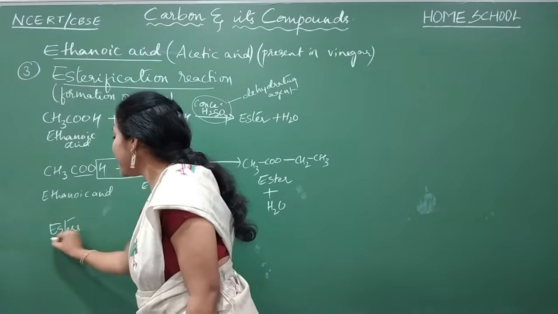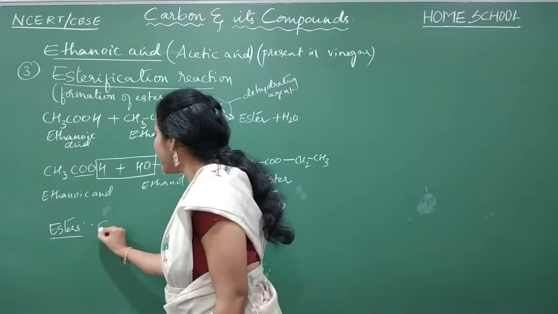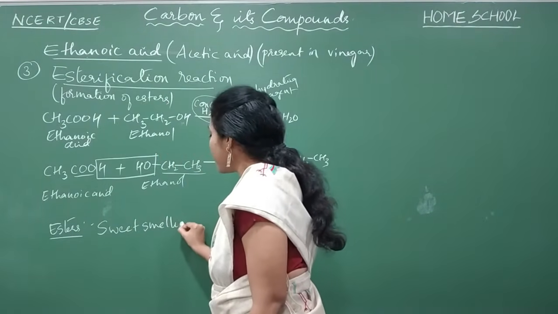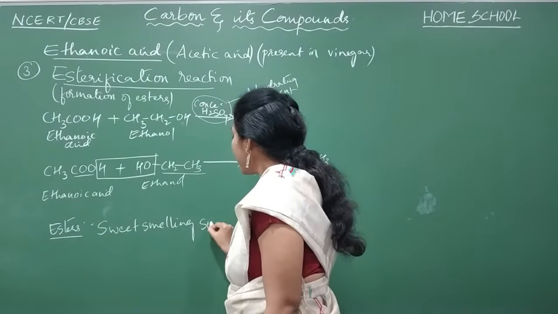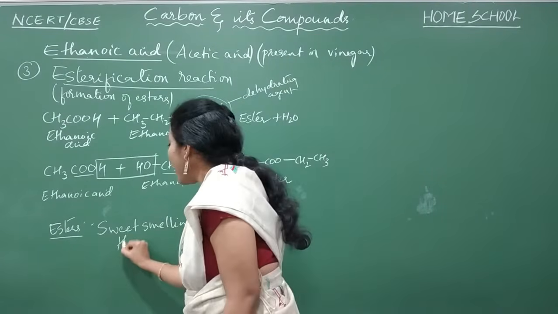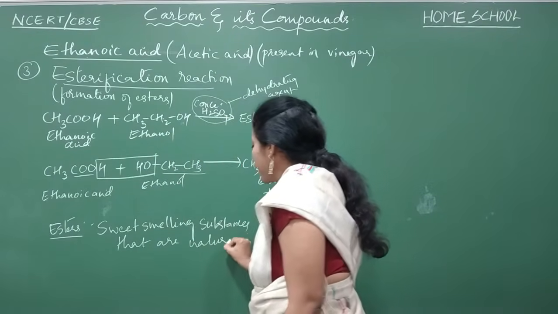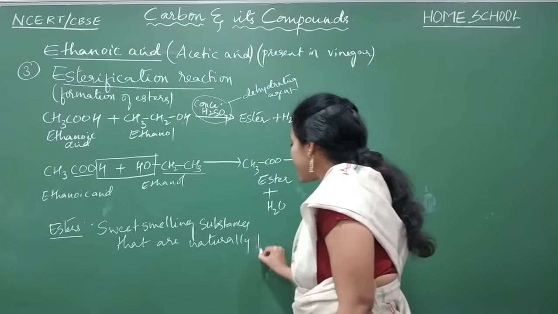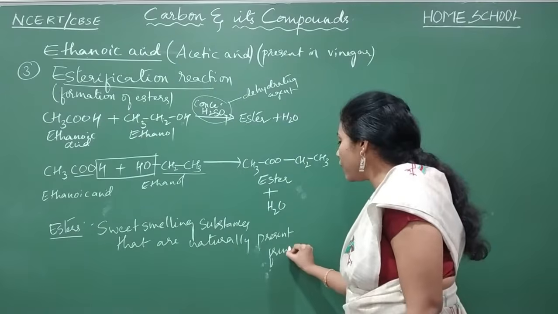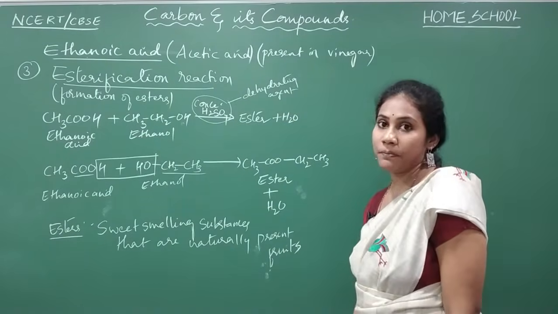Okay, and now what do you mean by esters? Usually, where are they present in our nature? Okay, esters are sweet smelling substances that are naturally present in fruits, or we also say esters have a fruity smell.